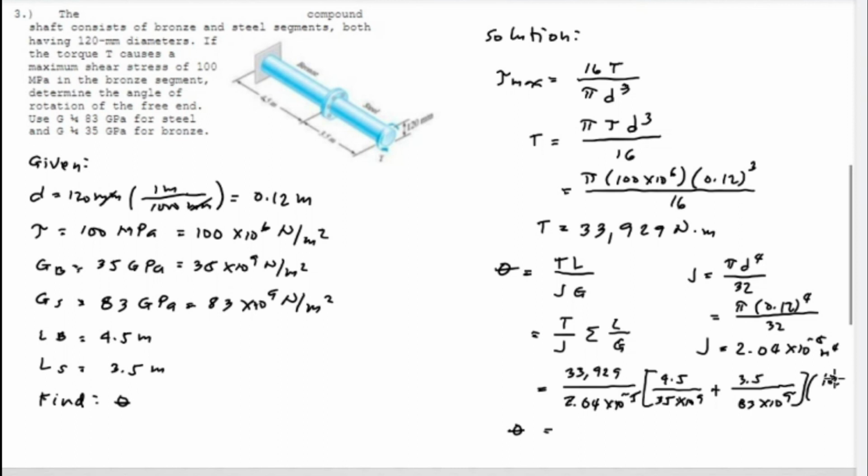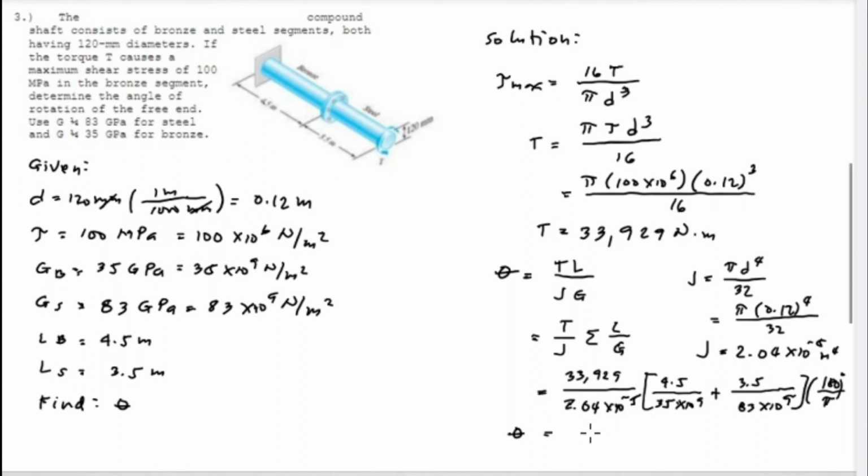So we have 180 degrees all over pi. So the value for theta: 33,929 divided by 2.04 times 10 to the negative 5, and the summation for L over G, which is 4.5 divided by 35 times 10 to the power 9, plus 3.5 divided by 83 times 10 to the power 9, and we multiply by 180 degrees over pi, and the value for theta is equivalent to 16.30, and it is in degree. So this is the angle of rotation.